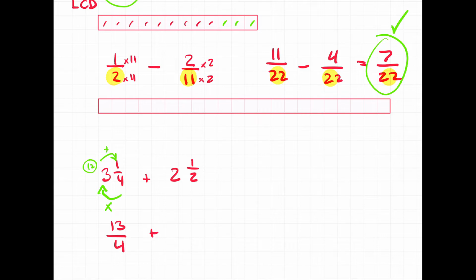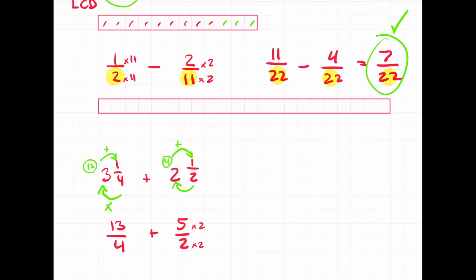And we're going to add to that by doing the same format. 2 times 2 is 4, and 4 plus 1 is 5. So this becomes 5 over 2. Recognize that they do not have common denominators, so I can just multiply the 2 by 2 to get 4. Now they will have common denominators, so I'll have to multiply the top by 2 as well.